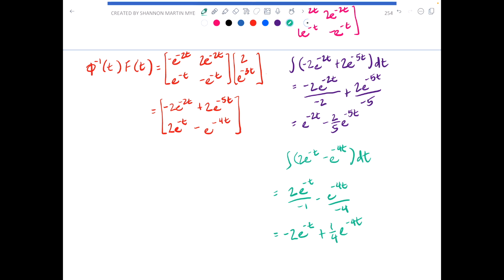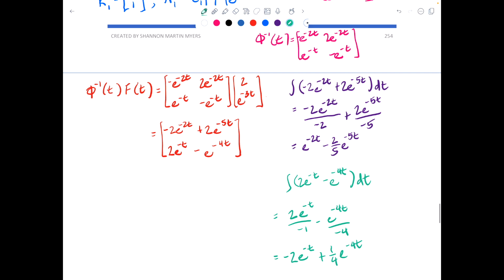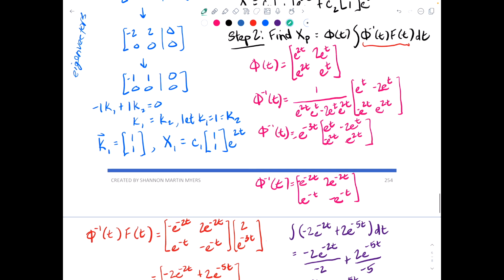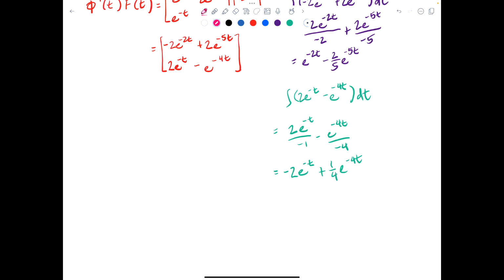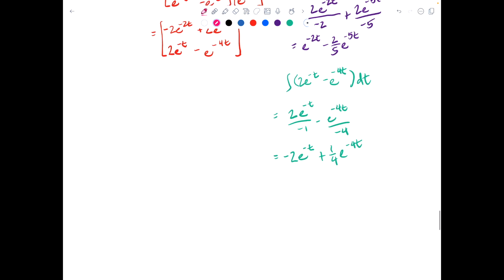And so we're almost there. We now have that product. So remember that x at p was equal to phi at t times the integral of phi inverse at t times capital F at t dt.